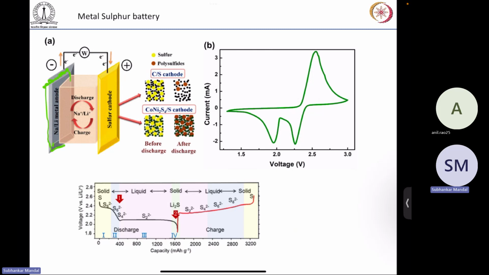Basically you have the metal: if it is a lithium sulfur battery, then you will take lithium metal. If it is a sodium sulfur battery, then you will take sodium. On the cathode side, you will take the sulfur cathode, which you can mix with carbon.